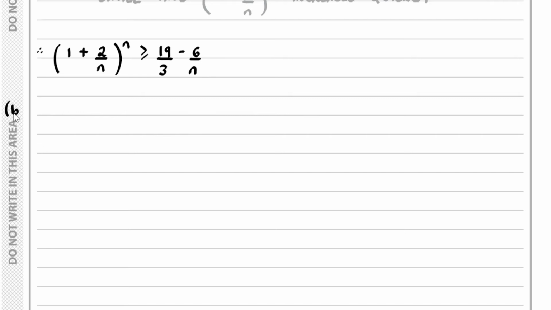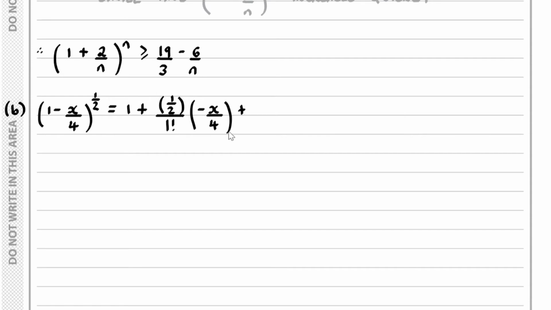So, for part B of the question, we have 1 subtract x over 4 raised to the 1/2, and if I use the binomial expansion, we've got 1 plus, then here we've got 1/2 divided by 1 factorial multiplied by minus x over 4. So that's our second term.